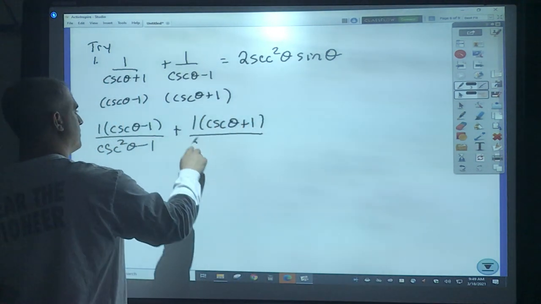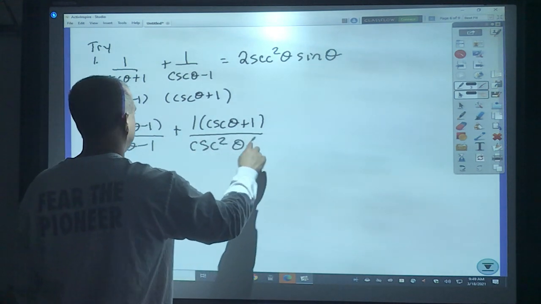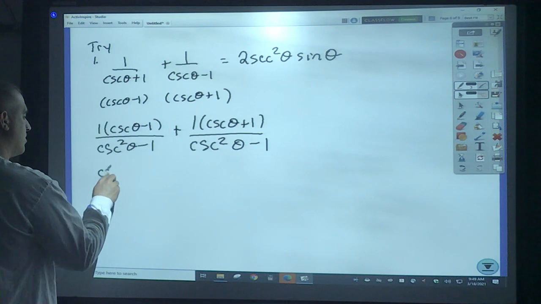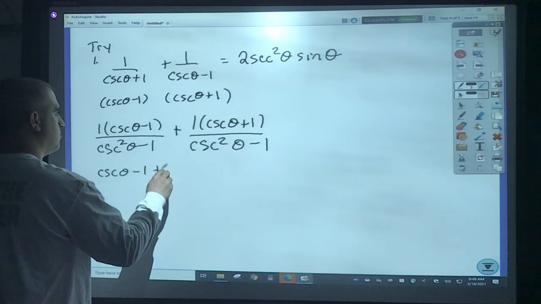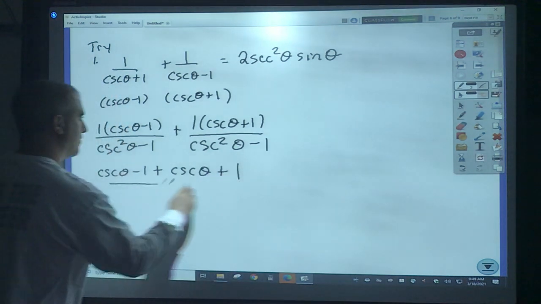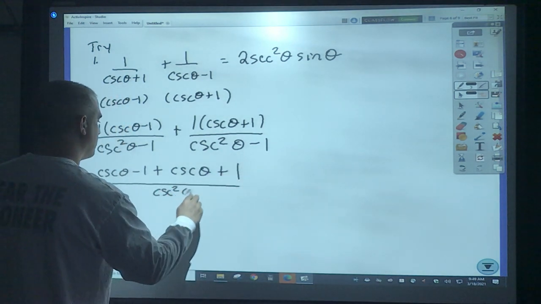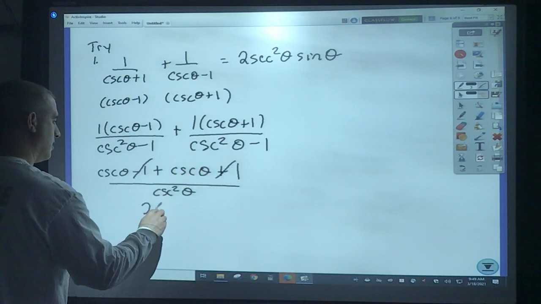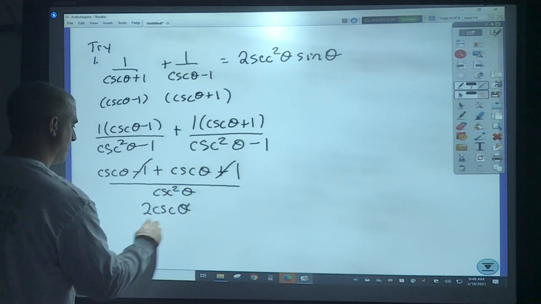And this one is still going to be cosecant squared theta minus 1, because it's a difference of squares. If I distribute that out, that's going to be cosecant minus 1 plus cosecant of theta plus 1 all over cosecant squared theta minus 1. Now we know that these will go away, so I got 2 cosecant of theta.